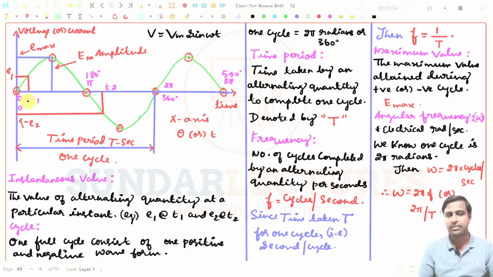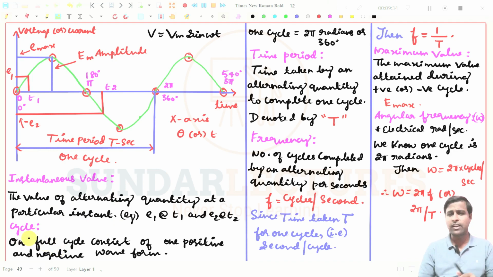At t2, what is the value of e? It is in the negative direction, so I am writing it as minus e2. So instantaneous value is the value of an alternating quantity with respect to time at a particular instant.